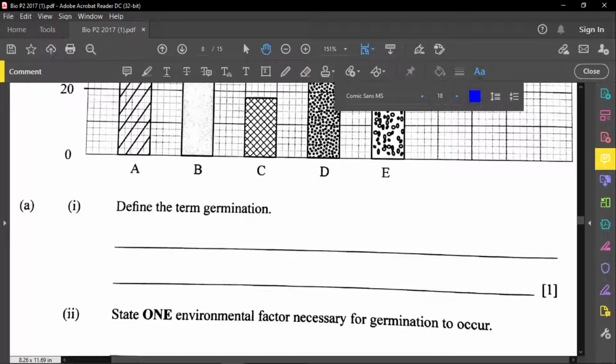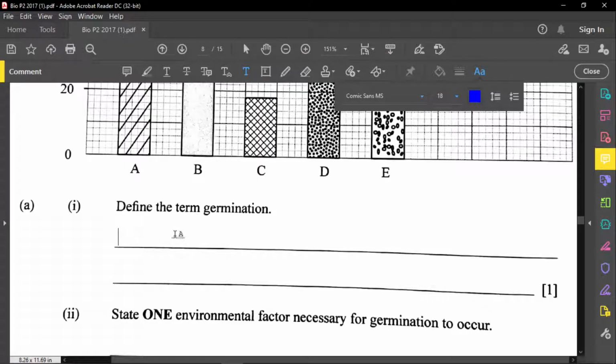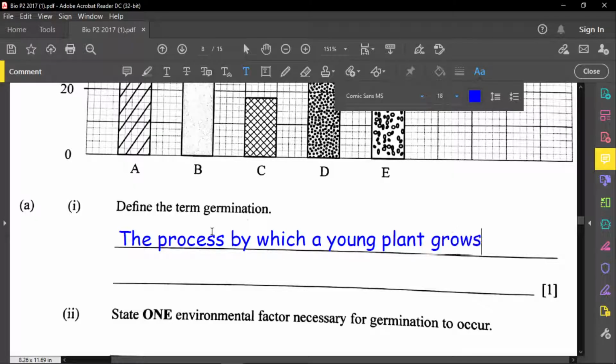So germination is when a young plant will grow from a seed. So it's a process. Let me just write that in real quick for you. It's a process by which a young plant grows from a seed into a self-sustaining plant.